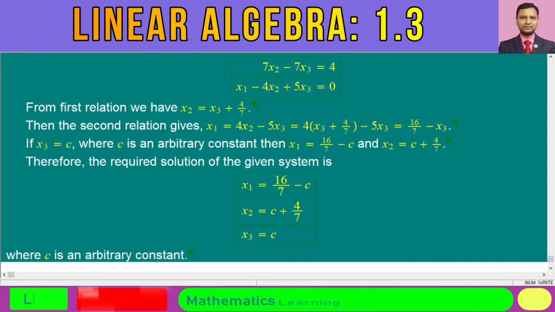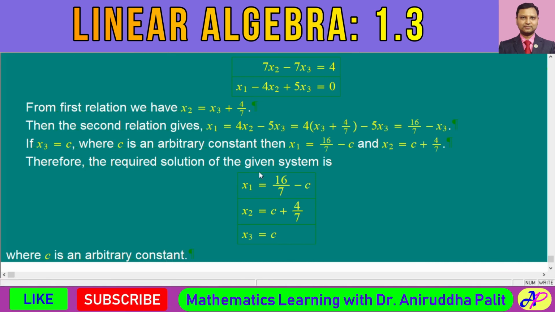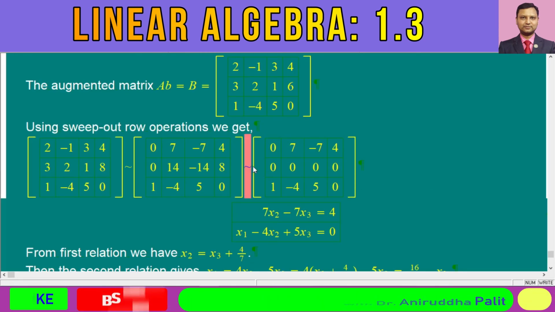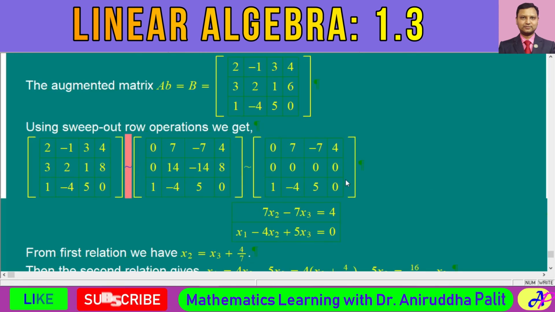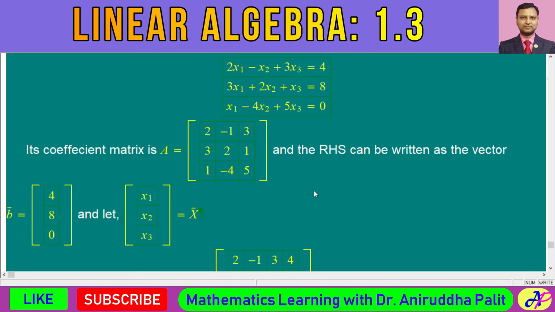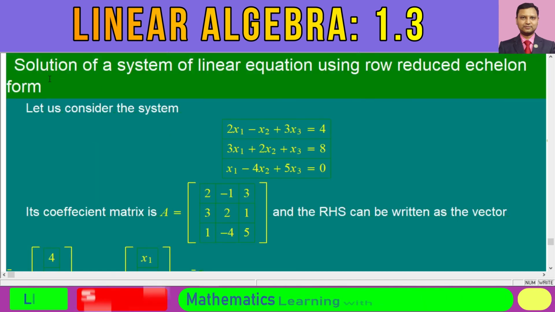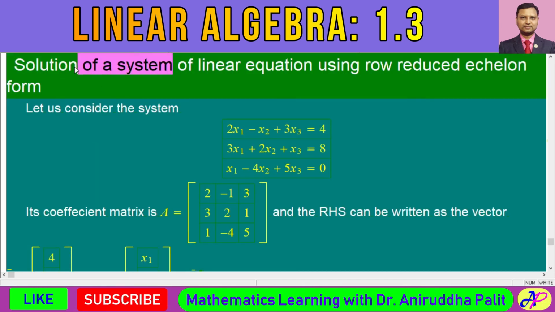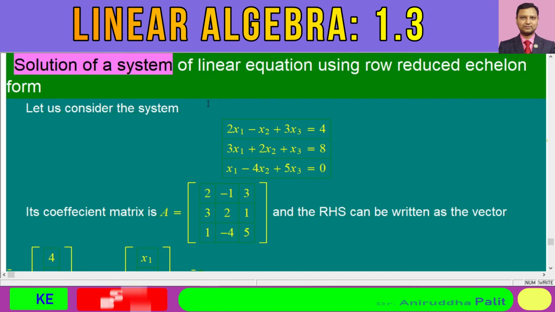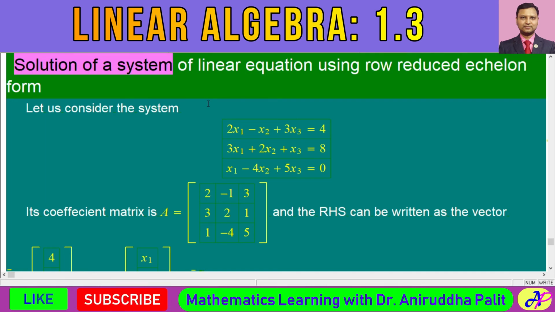Okay, so in this way you can apply these sweep out row operations, and applying this kind of row operation, you can find the solution of this system of linear equations.